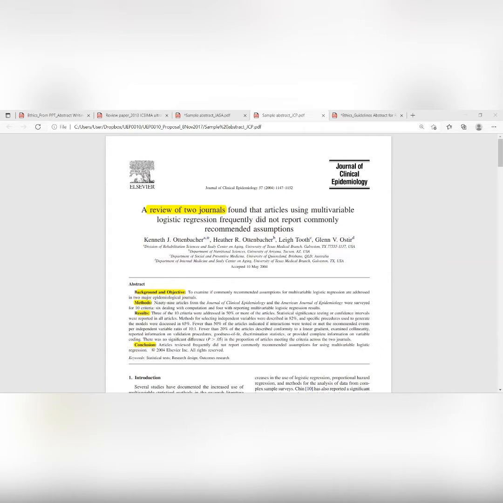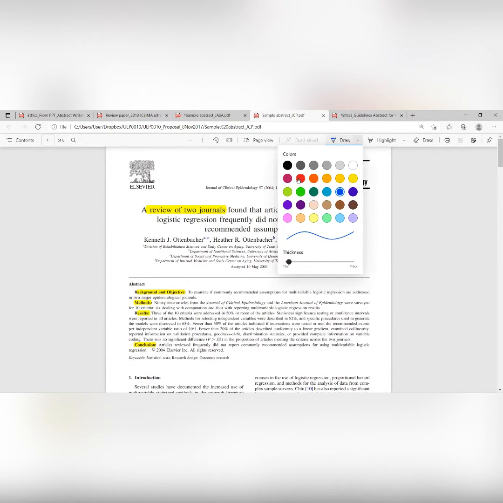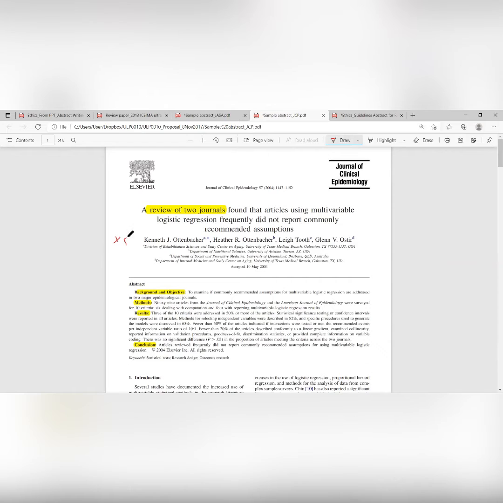So we have five authors who authored this publication. And if you check the content of the abstract, the five elements.